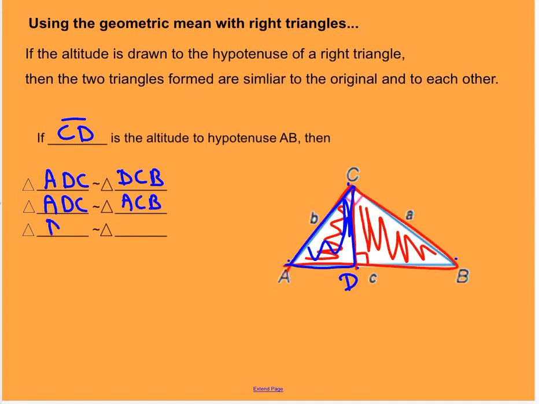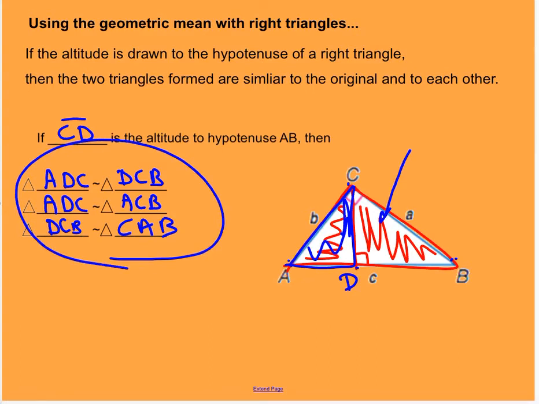Then the last one, DCB, this triangle here, is going to be similar to CAB. Let me double check. DCB is going to be similar to CAB. Yes. So those three situations happen.